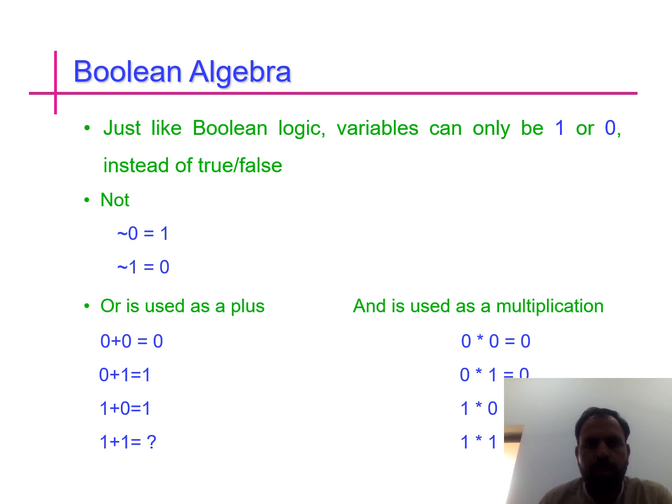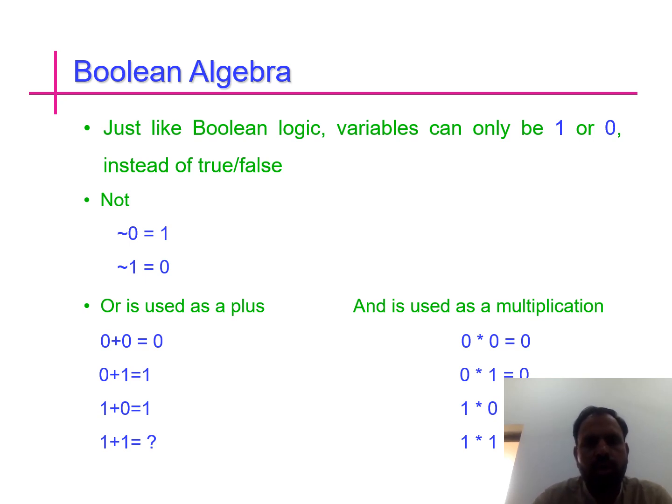OR is used as a plus, AND is used as a multiplication. Meaning, in sets we use intersection and union. Here we use OR for addition, and AND is used for multiplication.